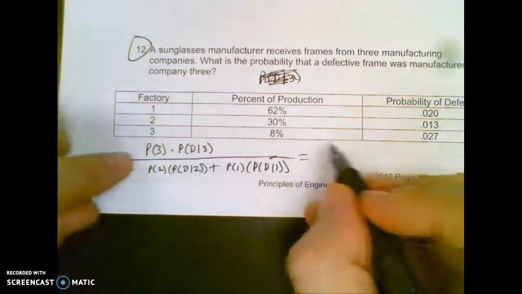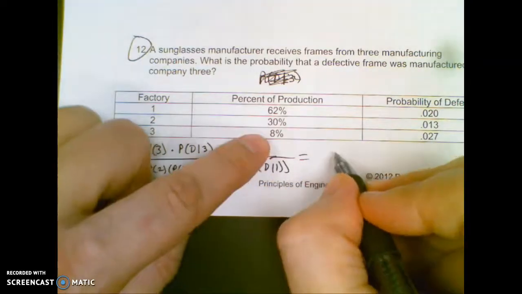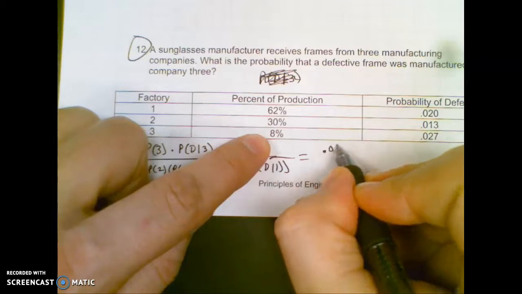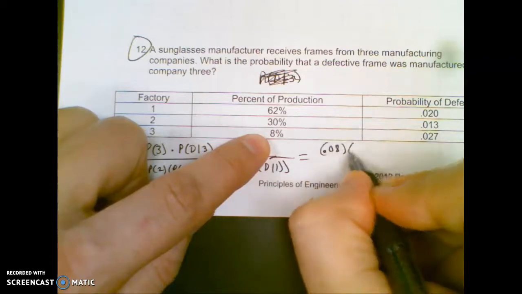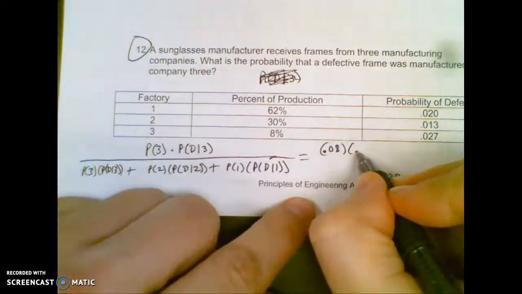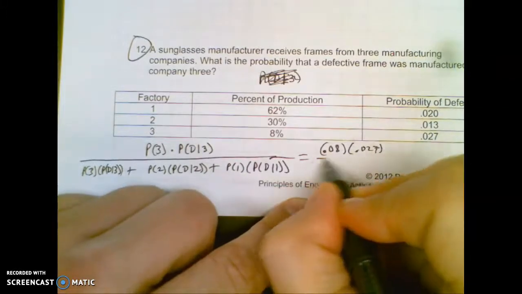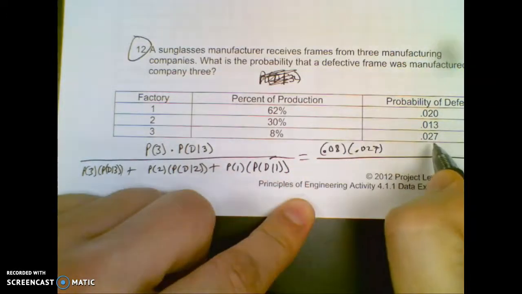So basically, it's not too crazy. Just turn these into decimals. 0.08 is 8% times a defective rate of 0.027. That's the probability it was even from there and defective.